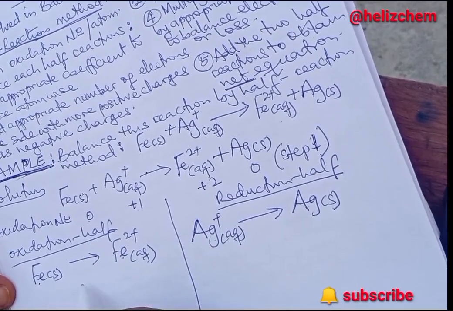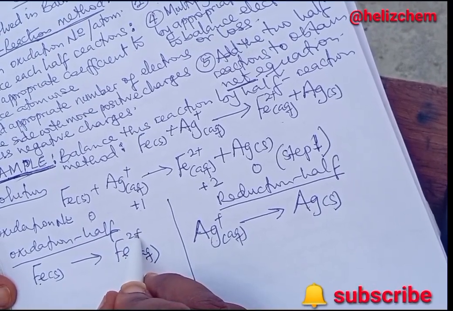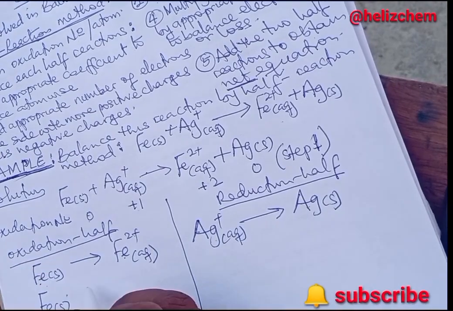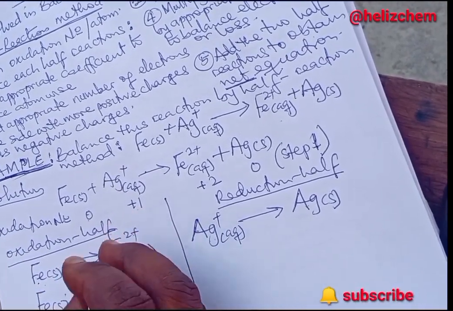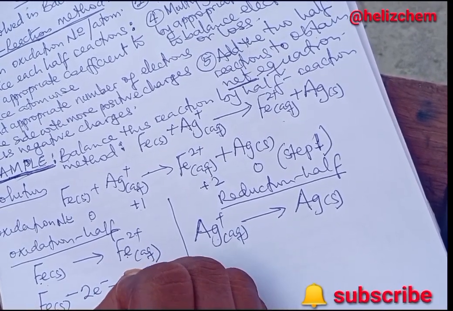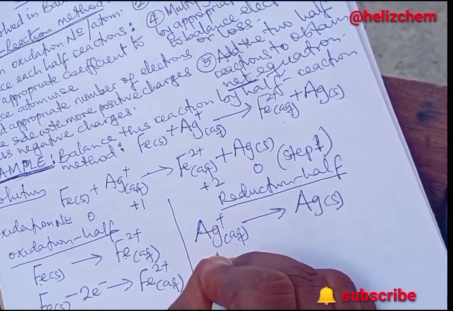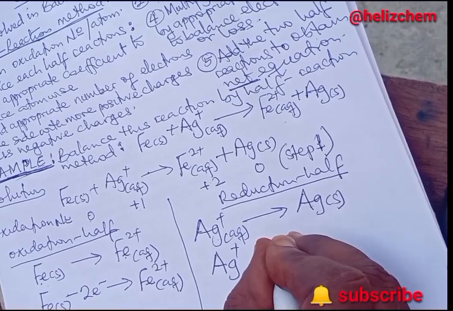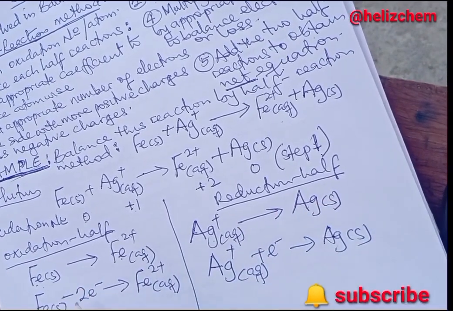Then if you look at the electron, this is +2. There's no electron here, so we have to balance it. If you look at this now, this is 2 electrons. Like oxidation is loss of electrons, so this one will lose 2 electrons to become Fe2+ aqueous, and this one will gain 1 electron to become Ag solid.